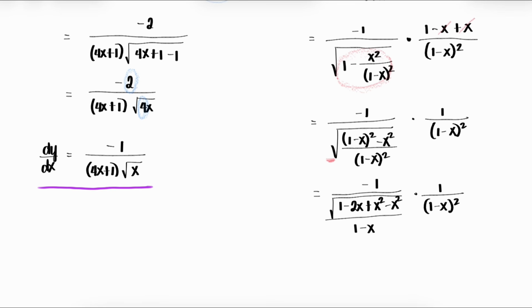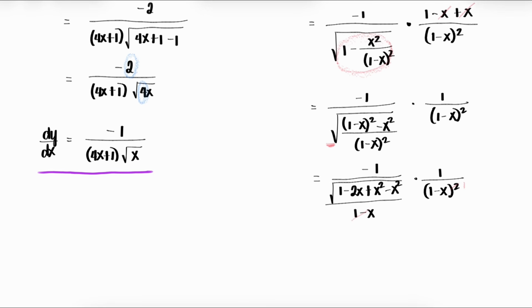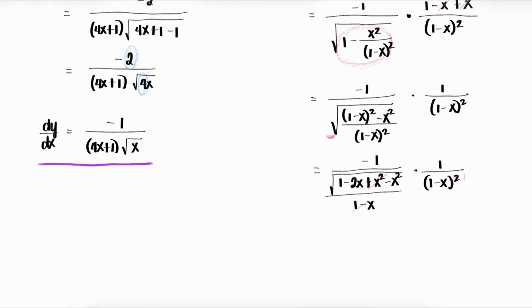So we can actually cancel this. So we have 1 here as the exponent, and we cancel x squared under the radical sign. So our answer, therefore, dy dx is equal to the negative 1 divided by 1 minus x square root of 1 minus 2x.